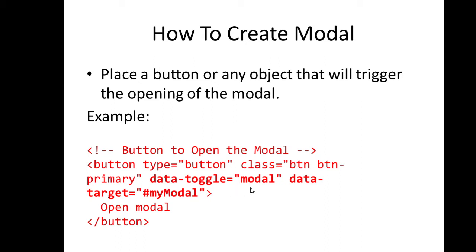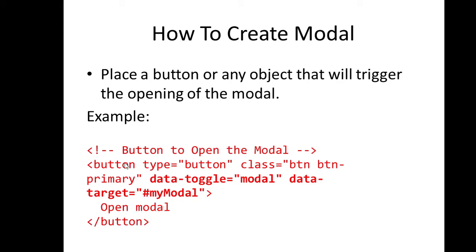We have data-toggle equals modal, and data-target is the ID of the modal dialog. These are the important attributes of the button. Again, data-toggle equals modal, and data-target equals the ID, which should correspond to the ID of the modal dialog. Then here's the caption of the button.